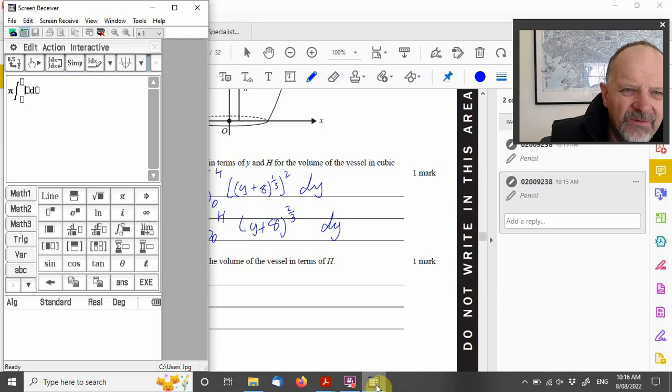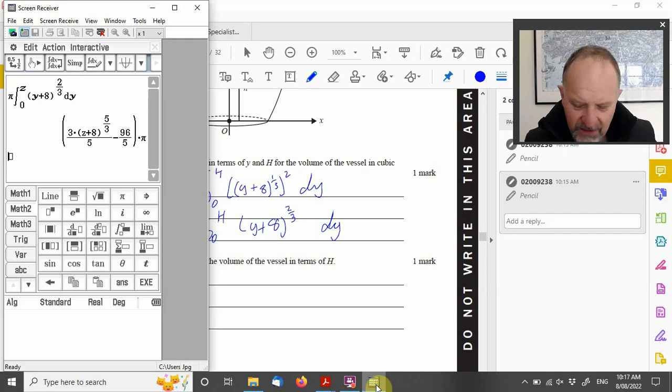Then the integral from 0 to h, and I'm going to use z instead of h, of y plus 8 to the power of 2/3 dy.